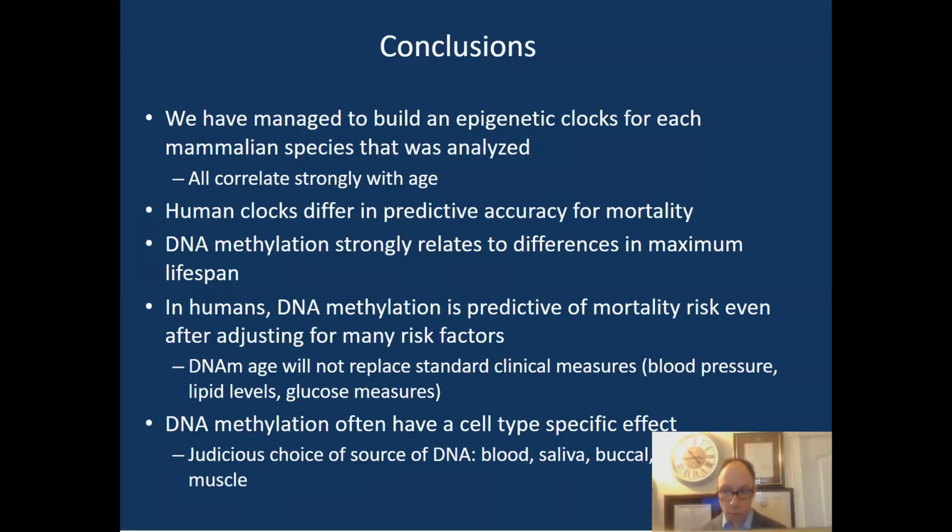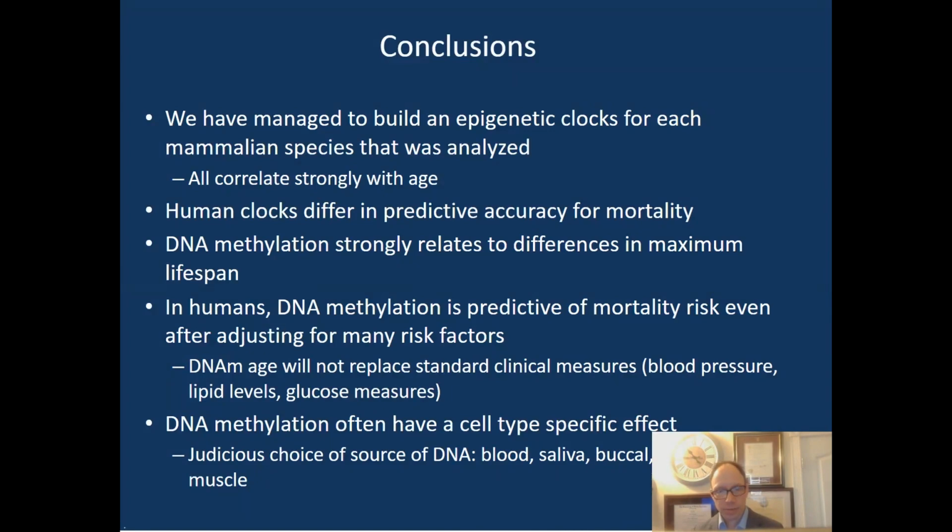GrimAge is a strong predictor of mortality risk. DNA methylation strongly relates to differences in maximum lifespan across different species. And in humans, methylation data are predictive of mortality risk even after adjusting for standard risk factors.